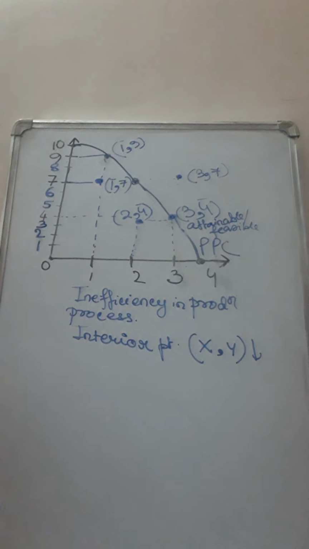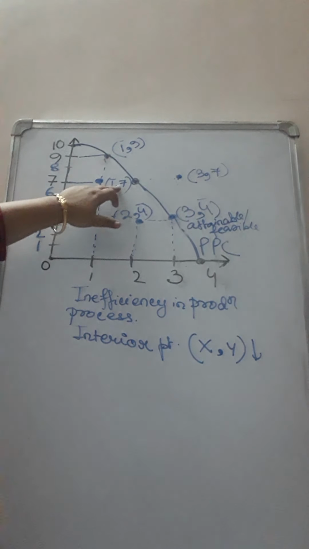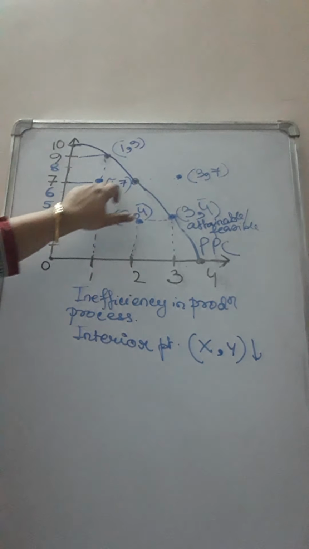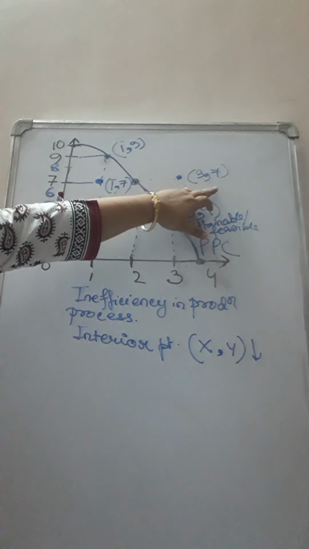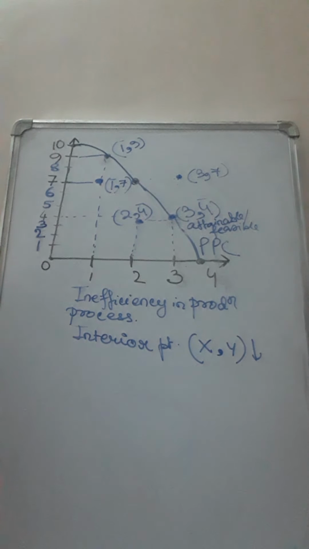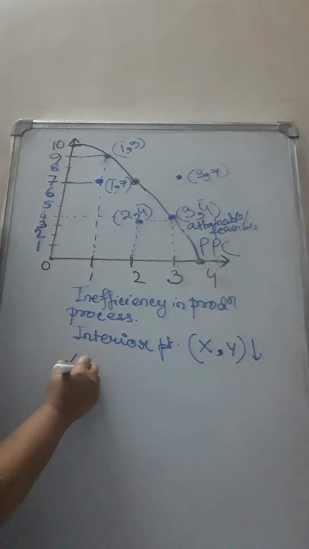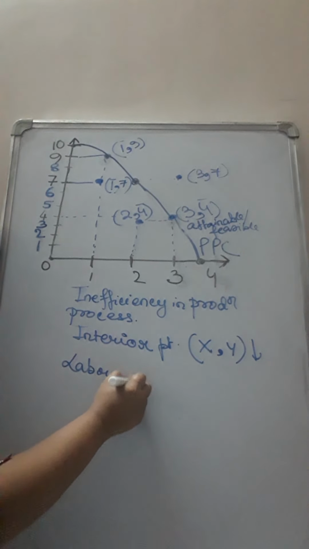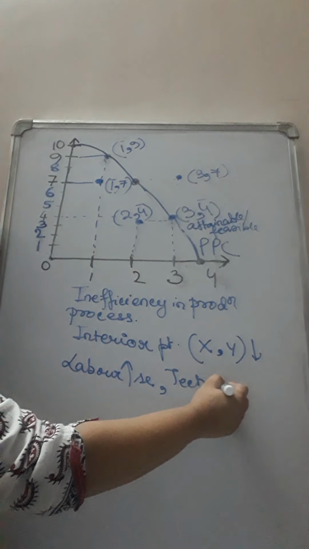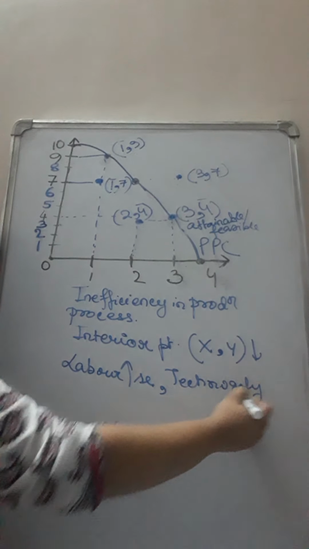Our production possibility shows that with 7 units of Y you can produce only 1 unit of X. But here we can see that with 7 units of Y, 2 extra units of X are produced. Now this can only happen if the resources or labor increase or the technology improves.